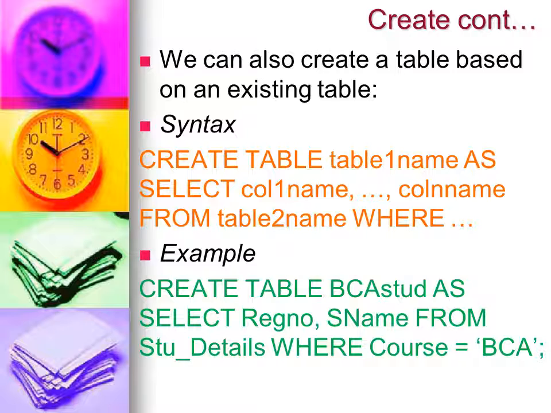For example, create table BCA_student as select register number, student name from student details where course is equal to BCA. That is, we are creating a new table named BCA_student from the existing table student details, and we are getting only two columns, that is register number and name of the students, with the condition that we select the students of the BCA course.